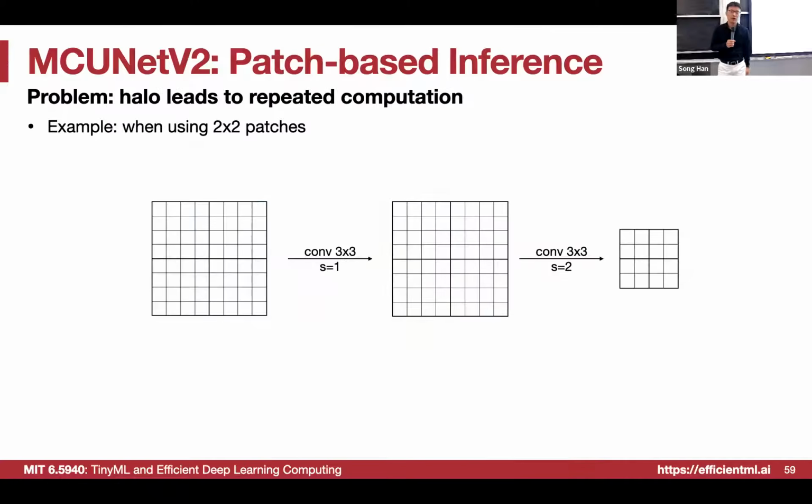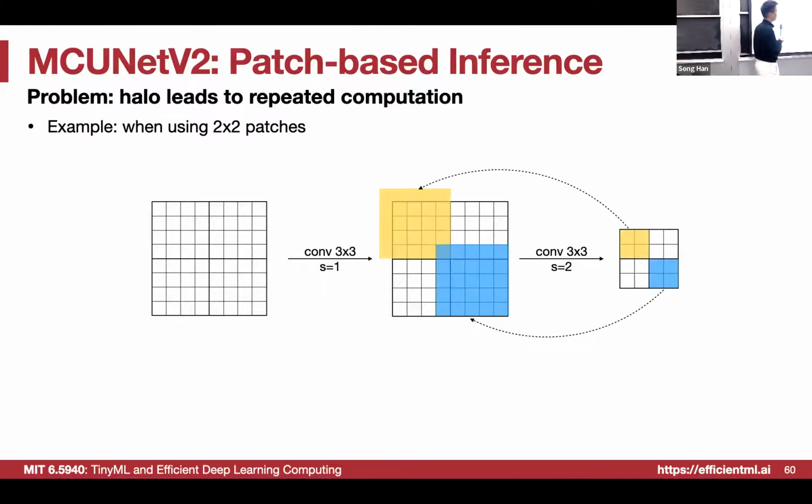But that leads to a problem, right? Repeated computation in the overlapping regions. For example, when we are computing these 2 patches as output, all this yellow region concerns this yellow output because of the receptive field. Remember, we talked about the receptive field.